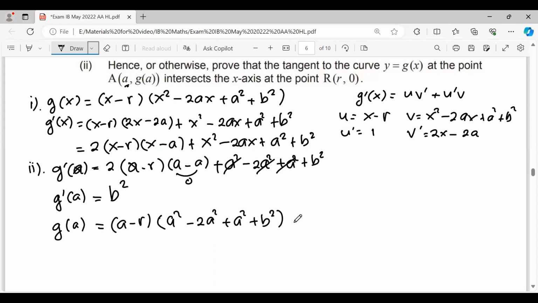Cancel this, and it is (a minus r) times b squared.